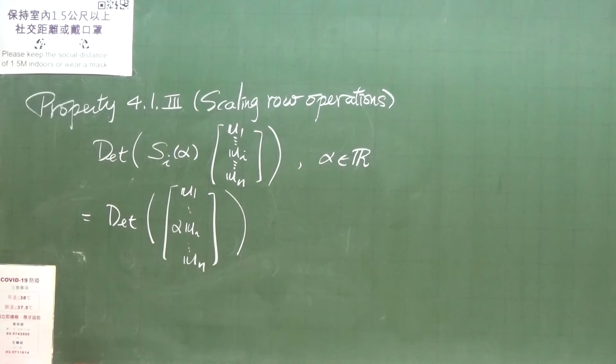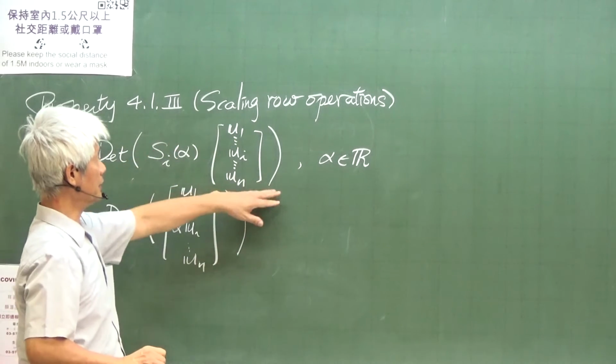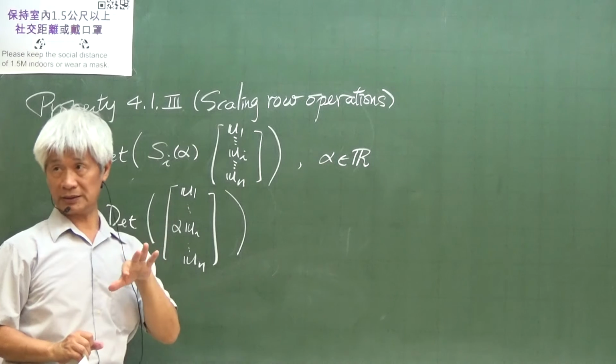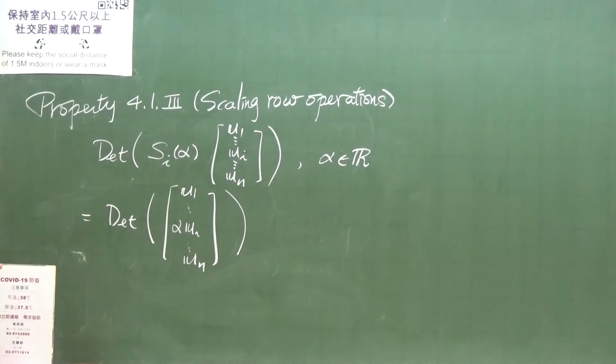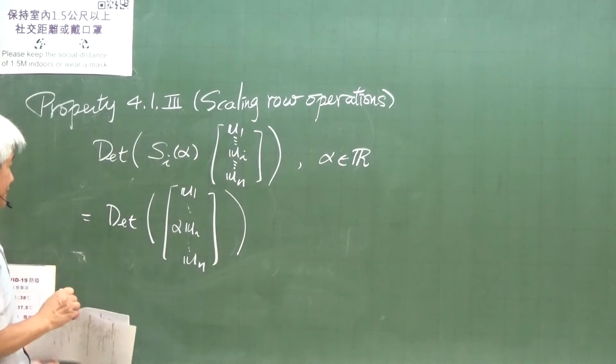In ordinary scaling, we use a scalar which is non-zero. But for here, I need to use a zero scalar.